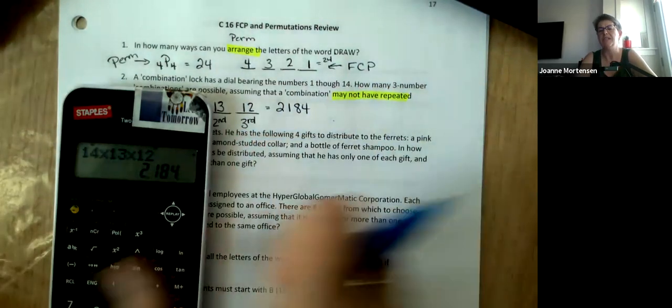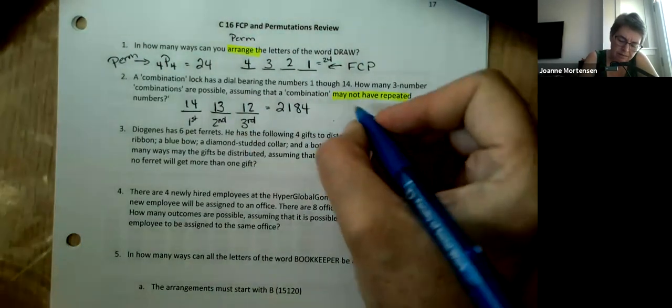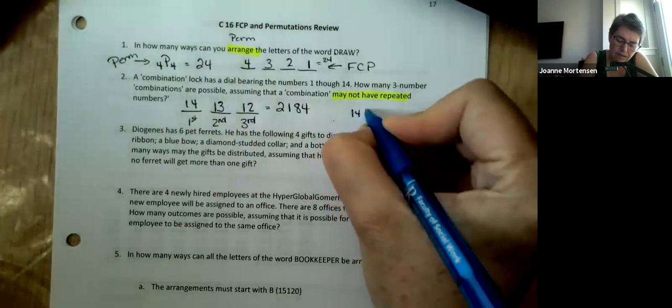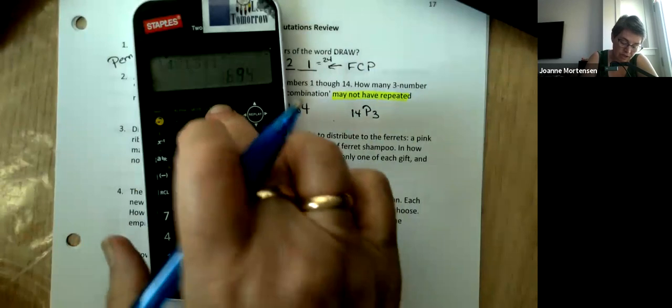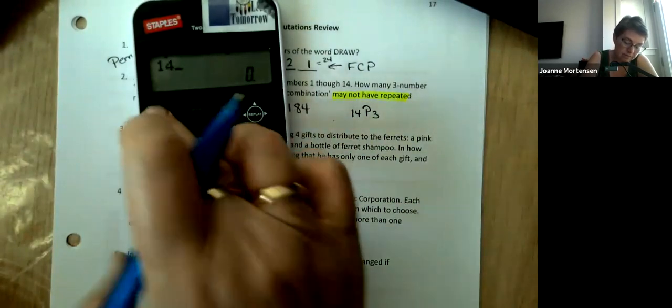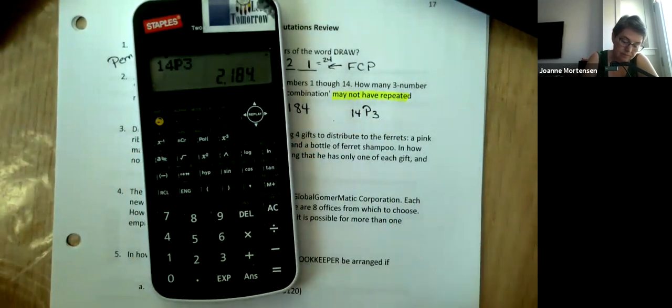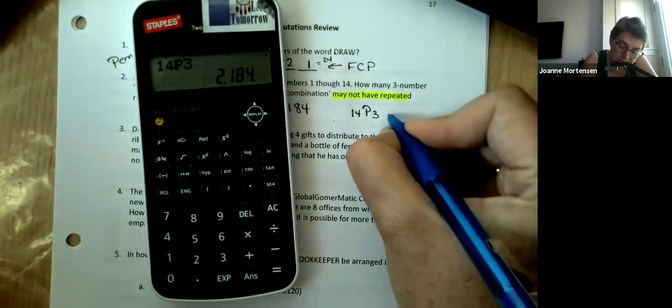I guess that could be a permutation. It would be 14 numbers arranged in 3. Let's just check. Yeah, same answer.